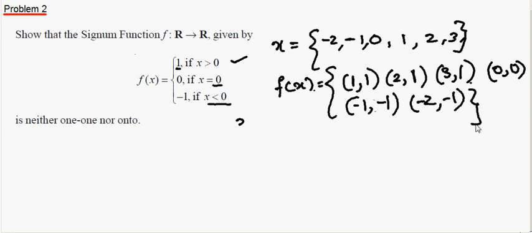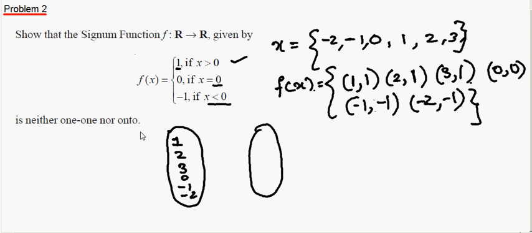So with this, let's draw an arrow diagram. I've just taken a couple of examples of real numbers, so with this we can generalize for the whole of the real numbers. I've taken 3, 2, 1, 0, minus 1, minus 2. That is x, and this is f(x), which I can take as y.